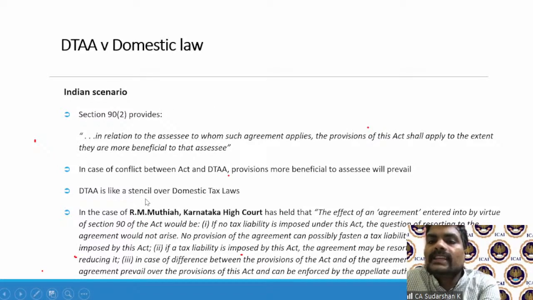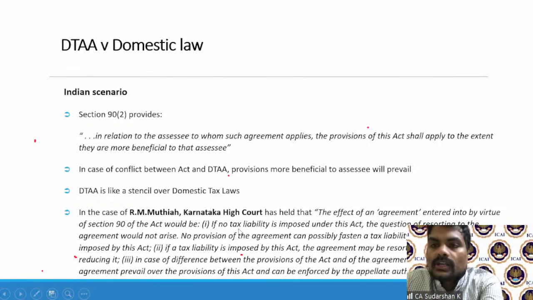So basically, DTAA acts like, as Professor Klaus Vogel, who's a renowned international scholar, says, a stencil over domestic tax laws. What essentially he means by stencil, you all know what a stencil is. Your domestic law plays the major role and DTAA comes as a stencil and wherever possible tries to relieve double taxation.